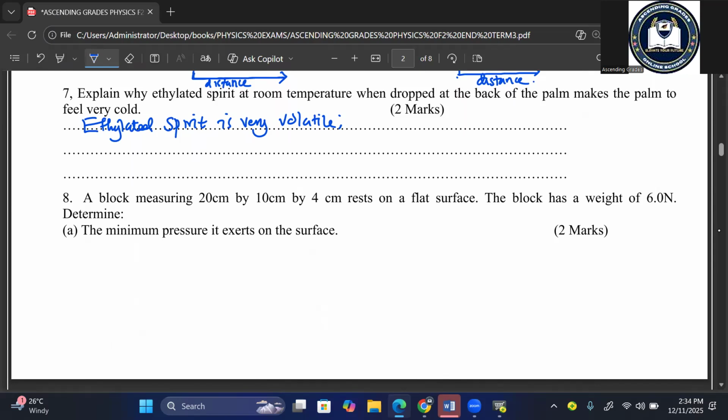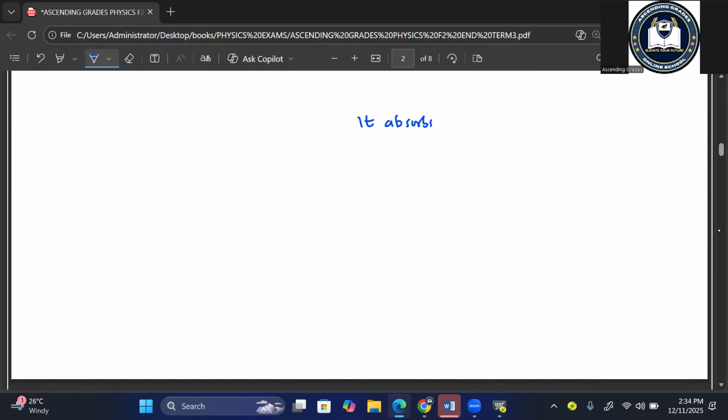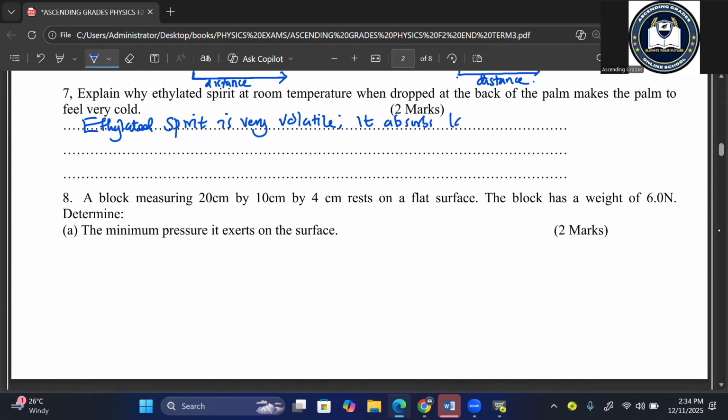Then you can say it absorbs latent heat of vaporization from the hand, causing cooling effects.